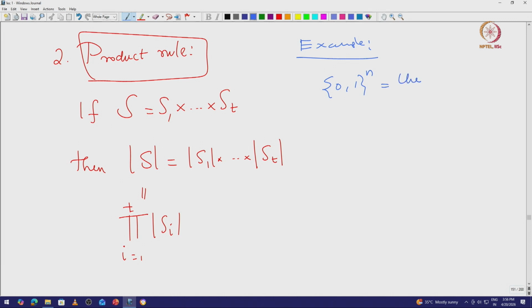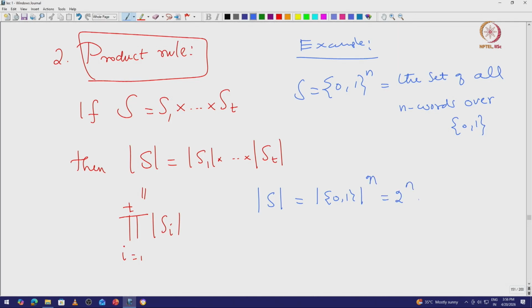This is the set of all n-words over {0, 1}. If you take this to be your S, then the cardinality of S is exactly the cardinality of {0, 1}^n, which is exactly 2^n. Okay, this is something we already know.